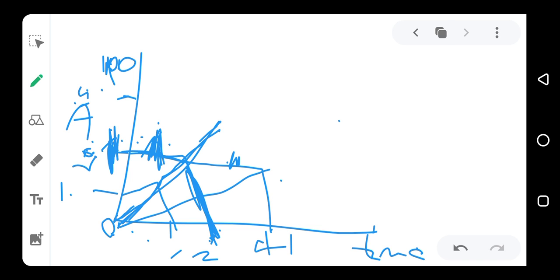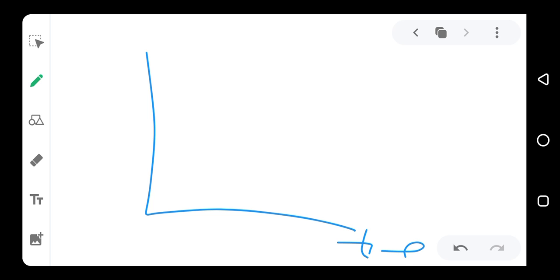Now coming to acceleration, then we have time and we have velocity. If we have a car again and the car starts from rest, let's consider 2 cars. The highest velocity attained is 100.